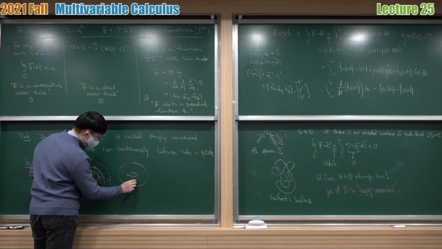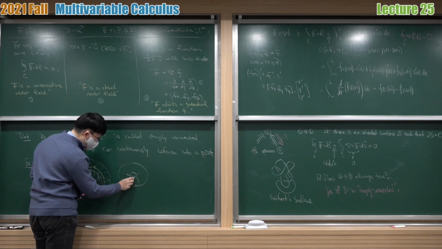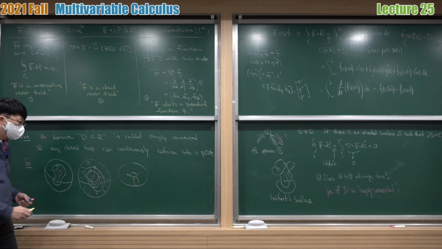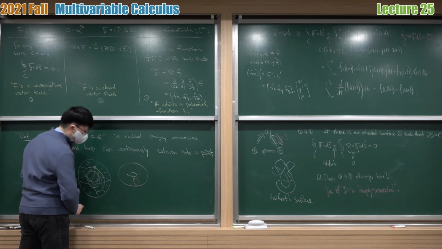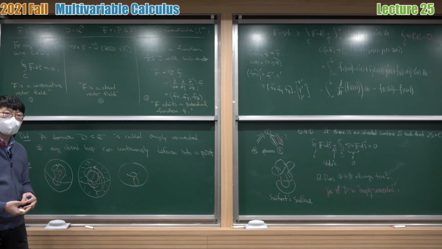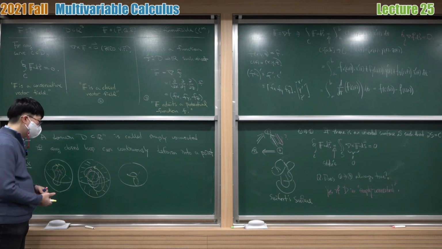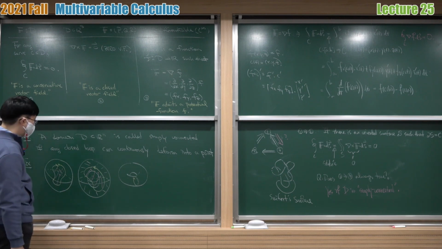So we have a donut and I have a loop here, like a loop. I cannot shrink it to a point. I simply can't.